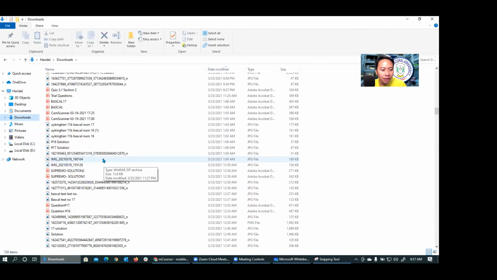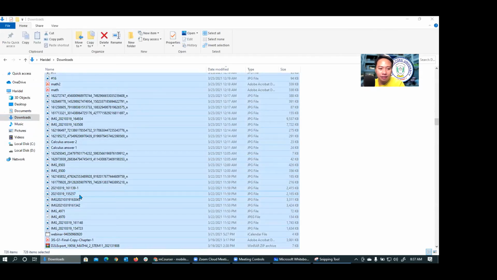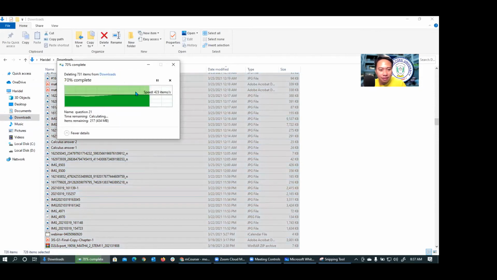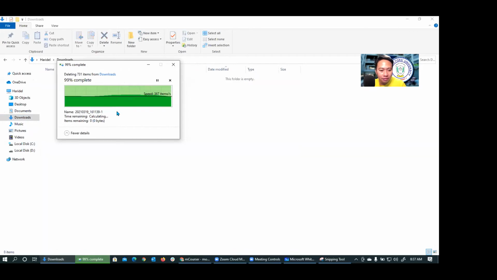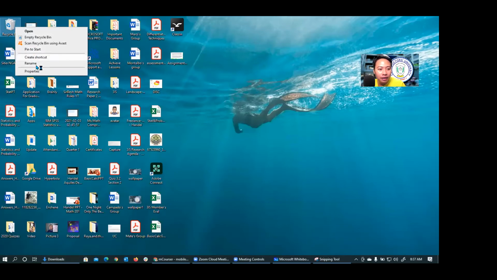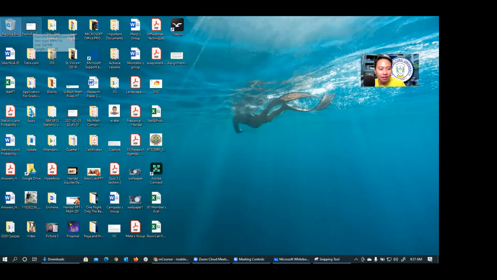Kung na ba ikuan, dapat ipang delete diri. Yes. No worry, guys, akong laptop kay limpyo ni siya. Empty. I think that's it.